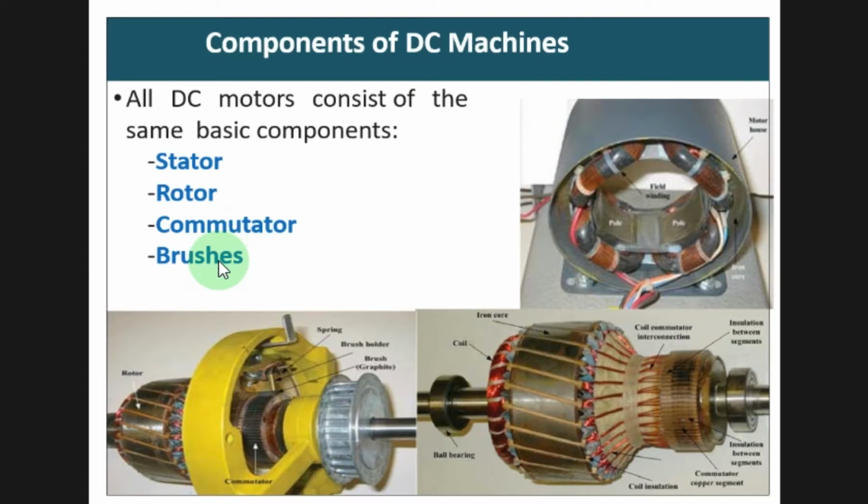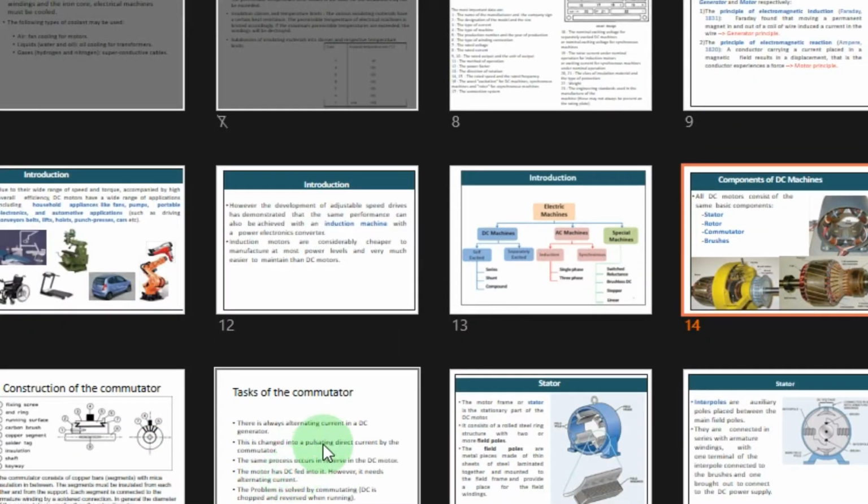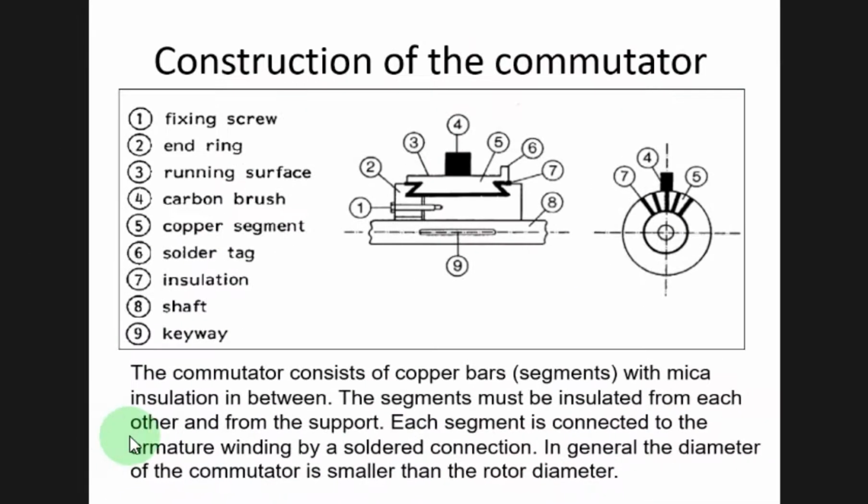Then we have brushes which will supply the current to the rotor rotating coils. Then we looked at the construction of the commutator, right?